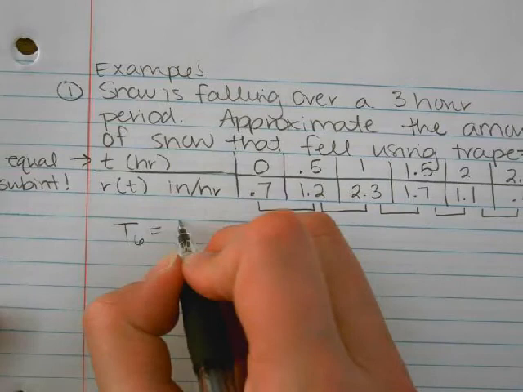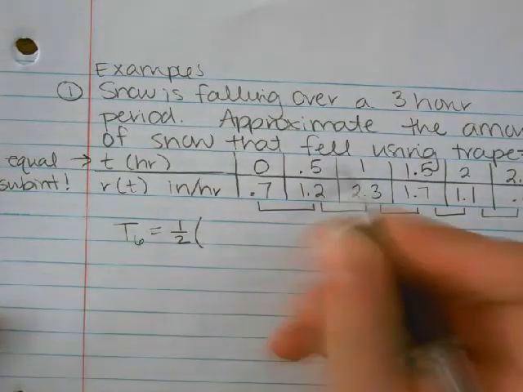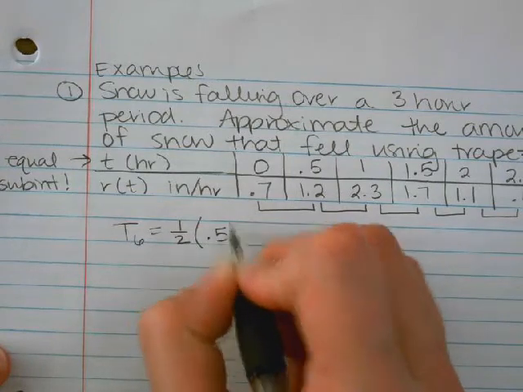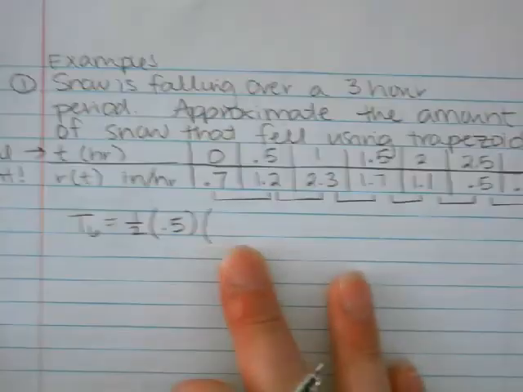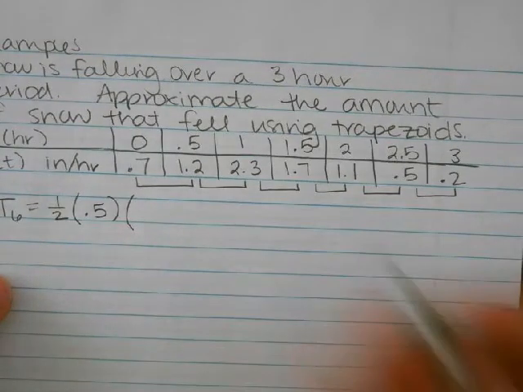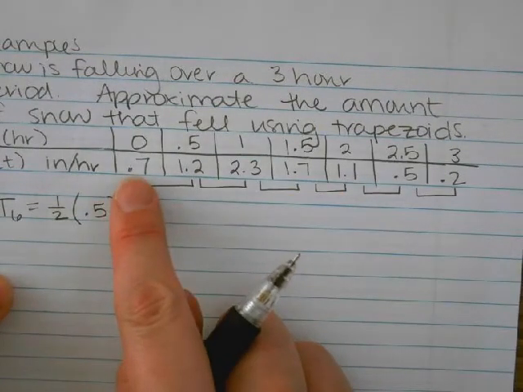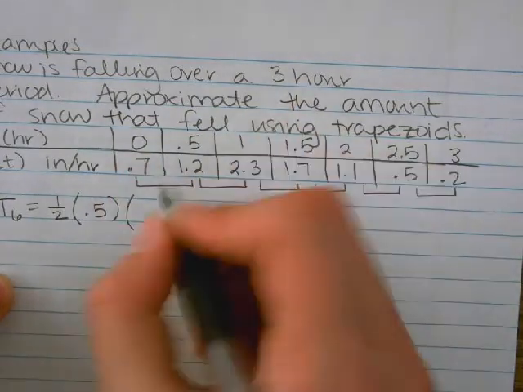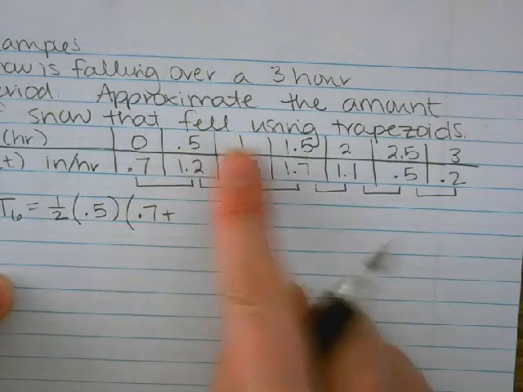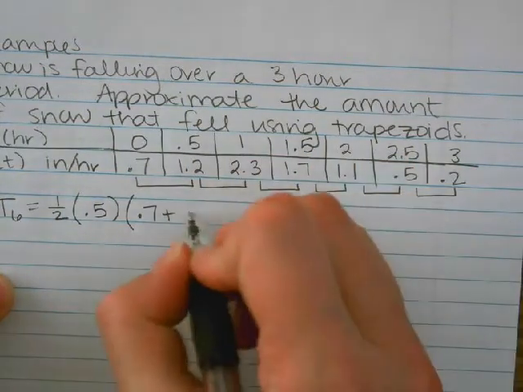So my area, I'm going to do 1/2 multiplied by the height of the trapezoid, which is 0.5. And then if I use what I know about evaluating these, the function evaluated at the first number gets used once. And then the function evaluated at each of these numbers gets used twice.